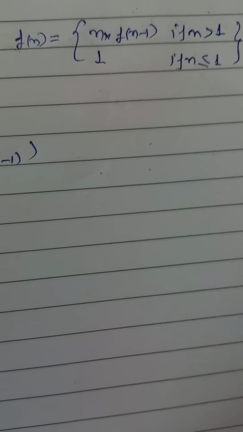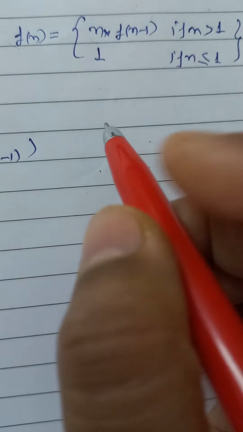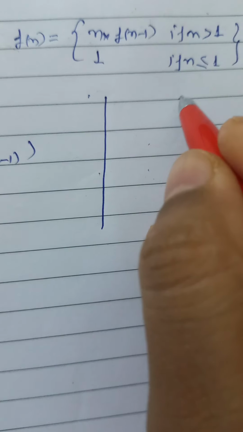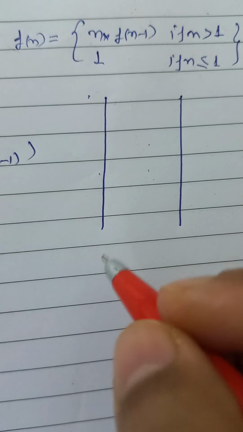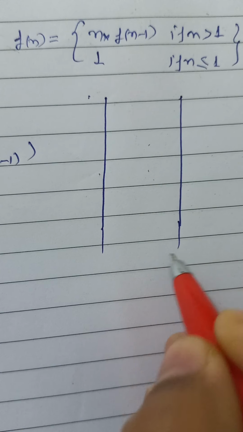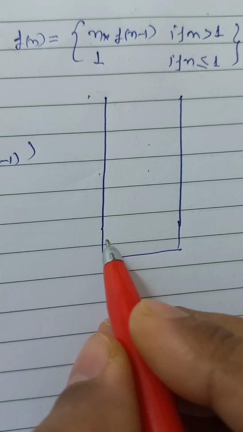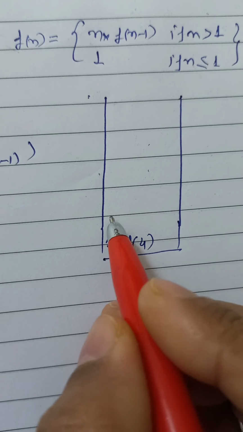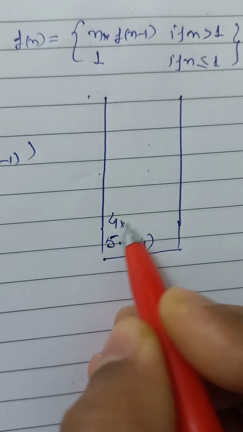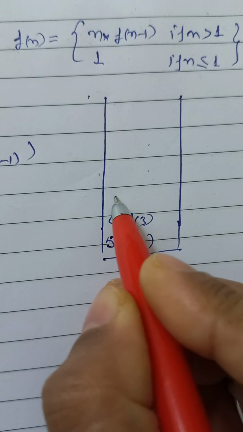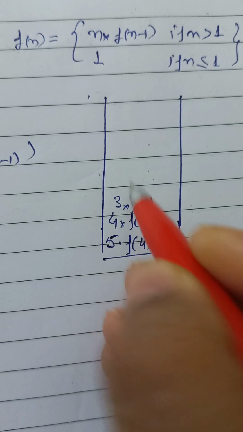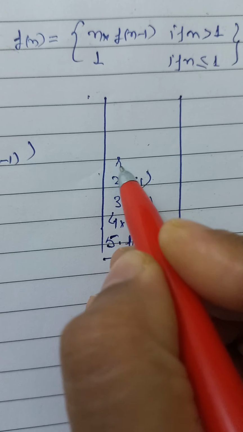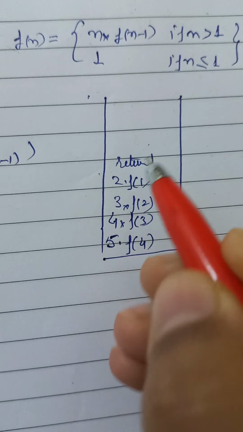So how does it work? As we know, it takes lots of space for the stack. Suppose we are calculating factorial 5. First we go 5 into factorial 4, then 4 into factorial 3, then 3 into factorial 2, then 2 into factorial 1, and then return 1.